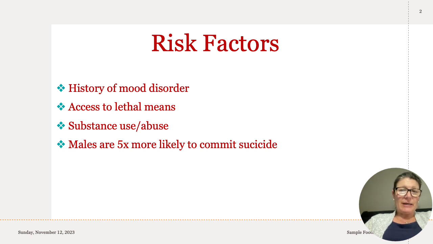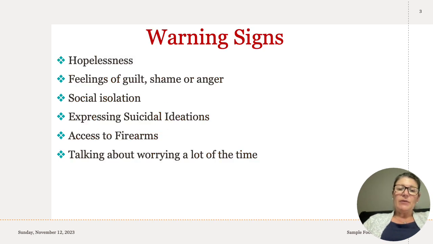So, like we talked about, we have risk factors, but we also have warning signs. And warning signs can give us a better clue. So, some of the warning signs are feelings of hopelessness, feelings of guilt, shame, anger, social isolation from family, friends. This person is not going to work. He hasn't seen his kids. He's expressing suicidal ideations.